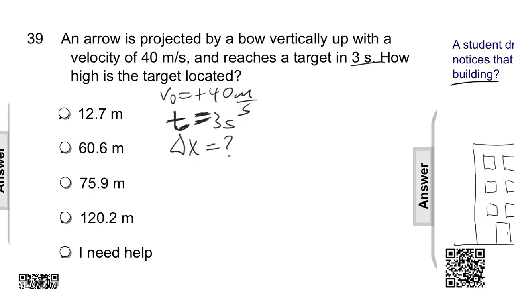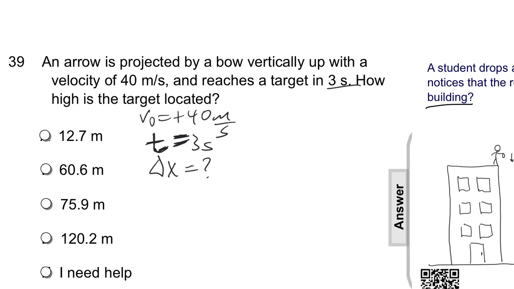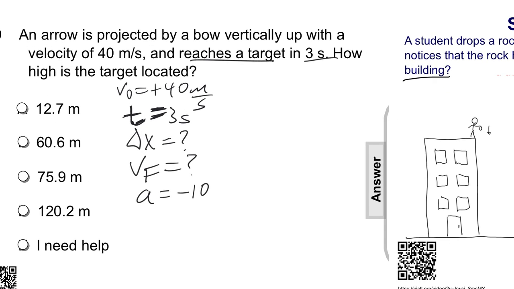Now the trick here is we can't assume the target is at the highest point. If the target was at the highest point, the VF equals 0, but I don't know what that is at this point. So I know A is G, negative 10 meters per second squared.